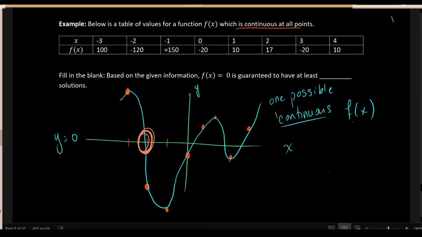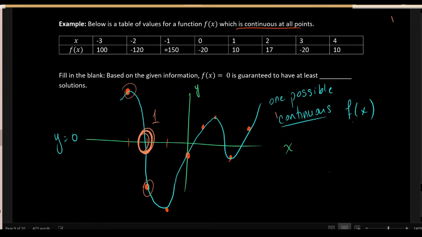The value y equals 0 is between the y value at this red point and the y value at this other red point. So because y equals 0 was between these two y values, one solution is guaranteed to be achieved at that location.